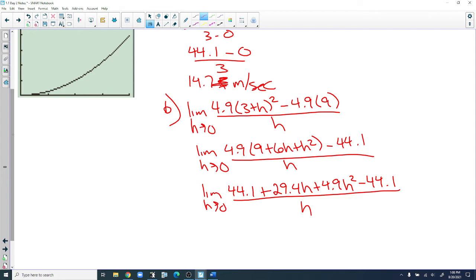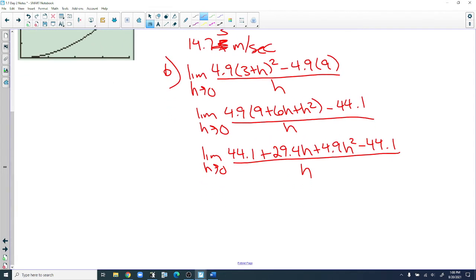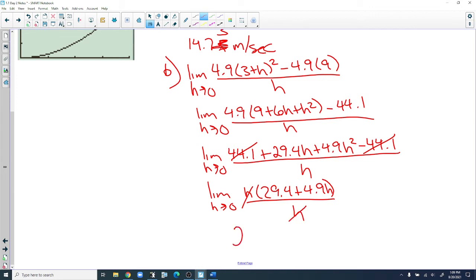Now those 44.1s, they're going to cancel each other out, which is good because they don't have an h with them. Limit as h approaches 0 of, we're going to factor out an h, 29.4 plus 4.9h over h. Those cancel out, plug the 0 in, get 29.4 meters per second.